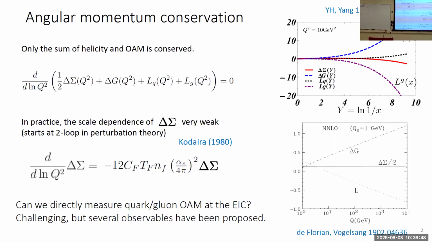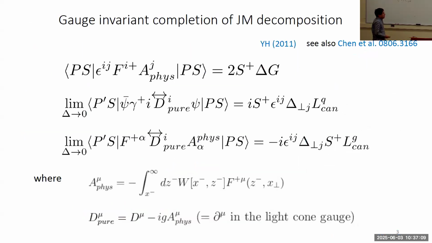It might vanish at one particular value of Q, but if you go to different scales, it will not vanish. So we want to think more about this, because there has been no measurement of orbital angular momentum whatsoever until now. All right, so let me come to the more basic question: what exactly is the orbital angular momentum?